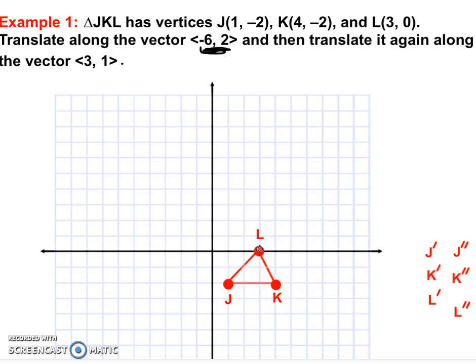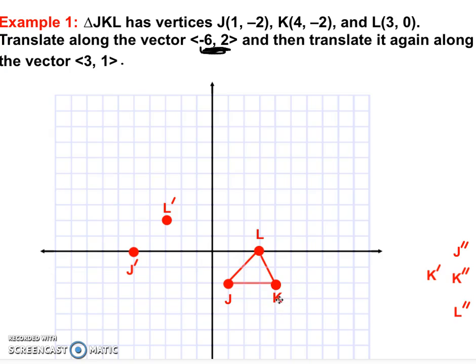So I'll click on the point 1, 2, 3, 4, 5, 6, and up 2, 1, 2. And I'm going to call this L prime. Then I'm going to do the same thing with the J and the K. So with the J, 1, 2, 3, 4, 5, 6, and 2 units up, 1, 2, and that is going to be my J prime.